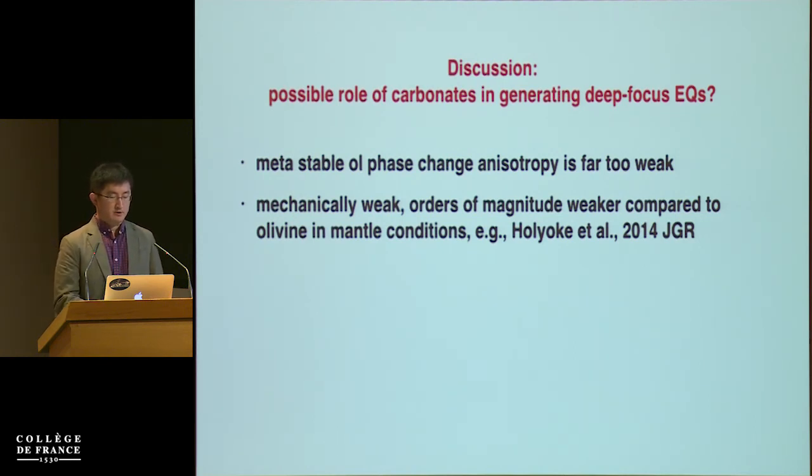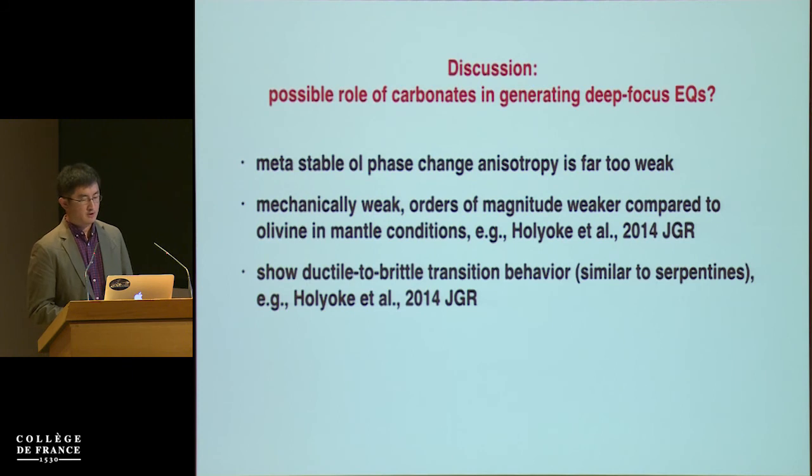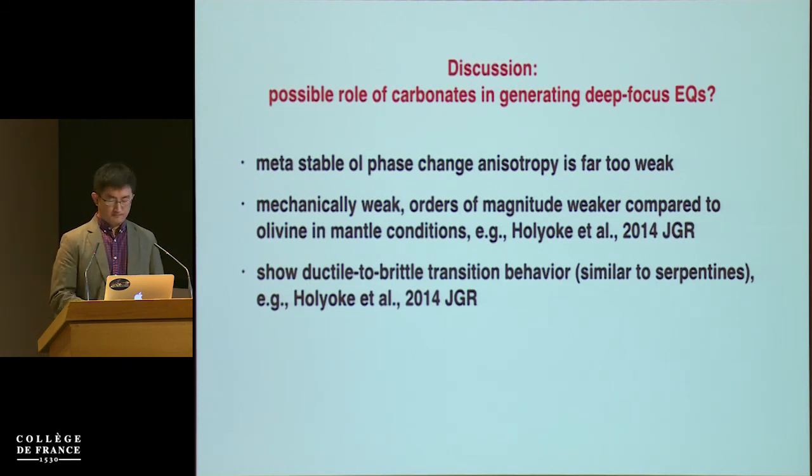The other thing is the magnesite is mechanically weak. It's orders of magnitude weaker than surrounding rocks, so it can act as stress concentration points. The third is it has a ductile to brittle transition behavior, just like serpentine.